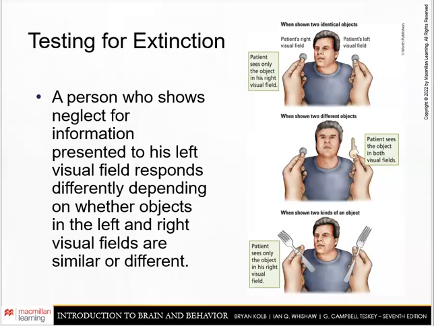Now, when the patient is shown two of the same object, the patient only sees the object in his right visual field. Which again, I think is a really interesting condition, the neglect and understanding it.